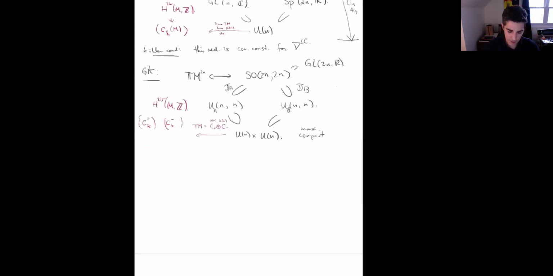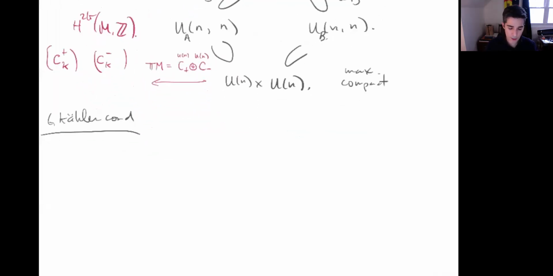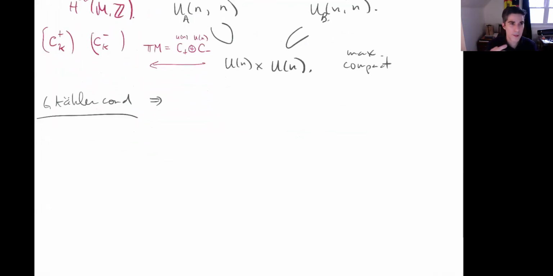But then the generalized Kähler condition, it turns out to impose, and this is something I'm not going to have time to discuss, but I just want to say it here because it's important.